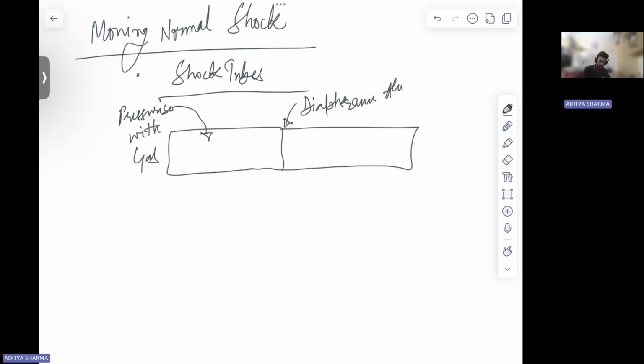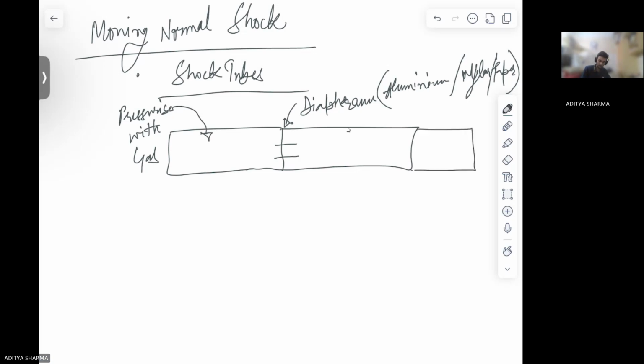The diaphragm can be of aluminium or mylar or paper. Okay. So after some pressure, this diaphragm ruptures. Okay. So this then gives rise to a shock wave. Okay.